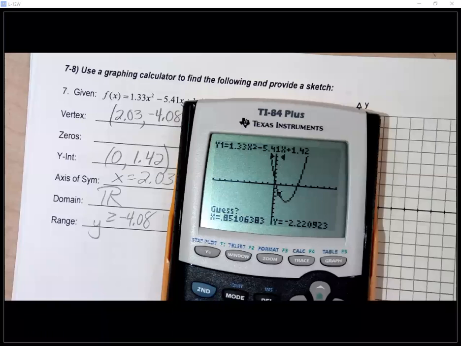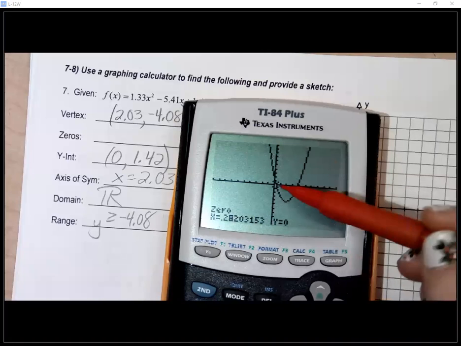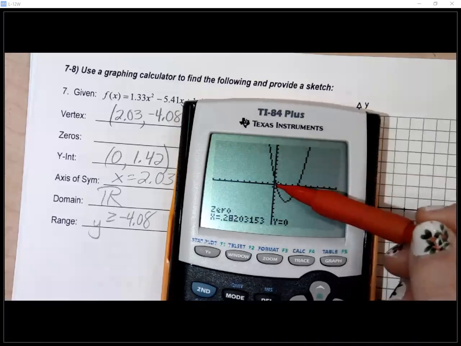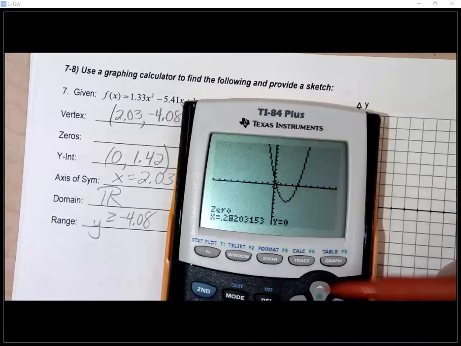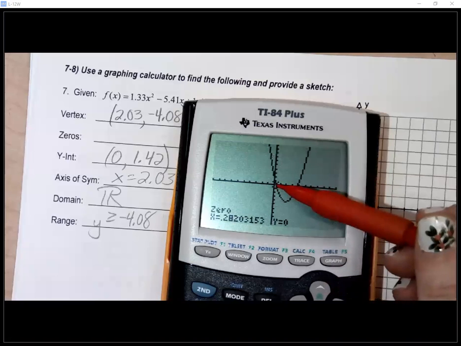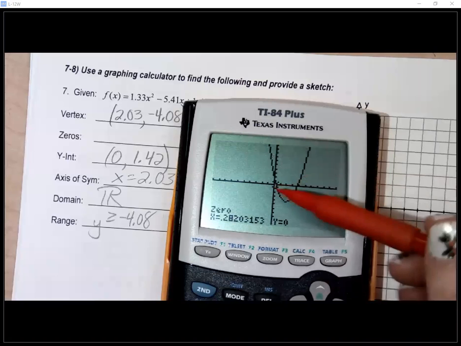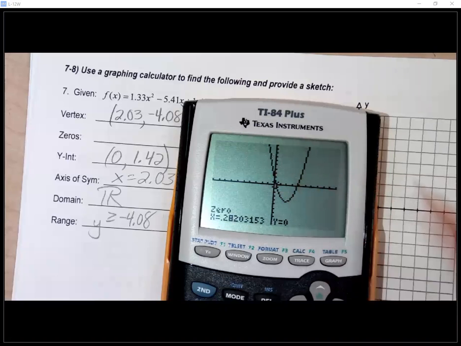Then you just hit enter. Another nice thing to always check is that the blinky guy is exactly on the intercept. If he's not exactly on that x-intercept, maybe you hit the wrong button. Maybe you actually hit max or min when you meant to. Who knows? But there's one of them.